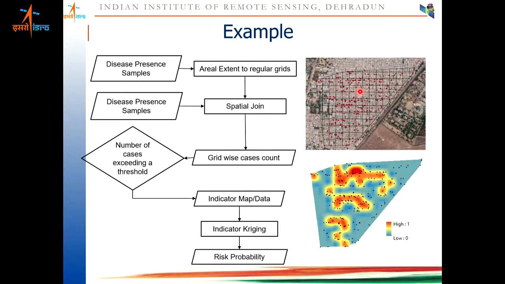This will be converted by making a fishnet, and a fishnet you can calculate based on the number of samples present, and based on understanding of the disease on the ground level. Basically, to create a fishnet you need to define the cell size. That cell size statistically can be decided based on a formula.